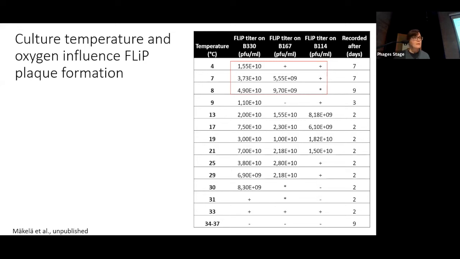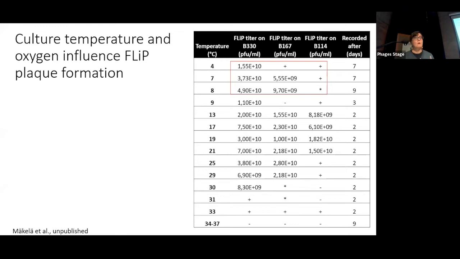But what we can see on the agar plates is that especially in these first 3 colder temperatures, which I've marked with the rectangle, the lysis areas on the drops where we have the phage are double the size of the lysis areas when the bacteria are cultured in the warmer temperatures.